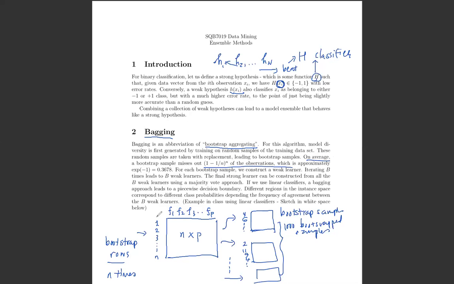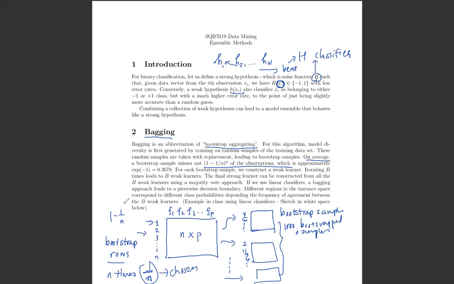This is because every sample has a chance of 1 minus 1 over n of being not chosen, right? Every time you choose, each of them has a chance of not being chosen, because every time each of them has 1 over n of being chosen.